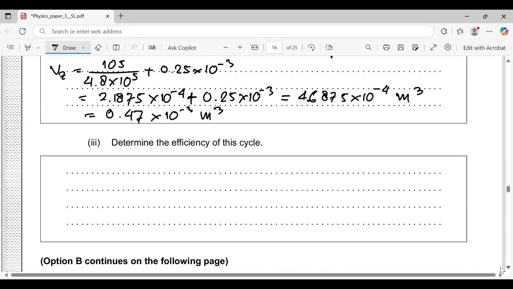Next question. Determine the efficiency of this cycle. The efficiency of a heat engine, the formula is like this: the efficiency eta equals W net over Q in. So it's going to be 74 over 262 times 100%, because efficiency is in percentage.